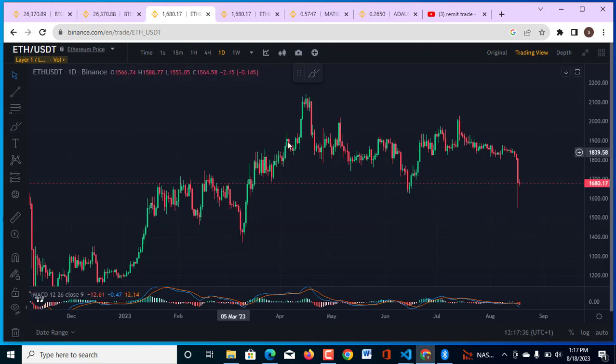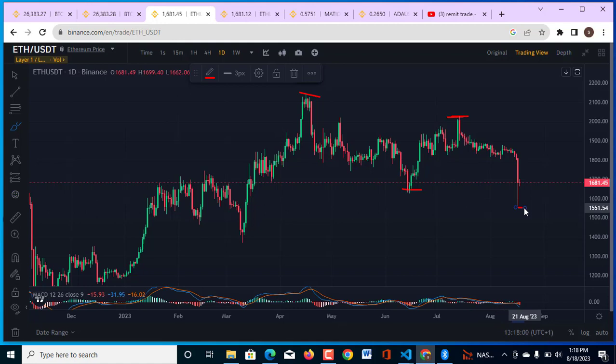So the market failed to create a new high at this very point. Fail swing, the market continued downward and it has already created a new low. So what you can deduce from this analysis is we have a high right here, we have a low right here, we have a lower high at this very point, the market is down already, and we have another new low at this very area.